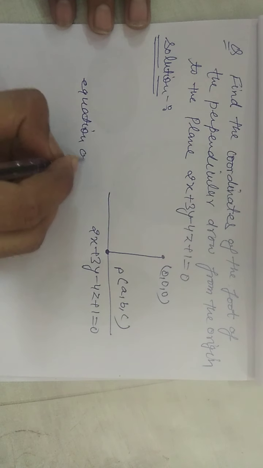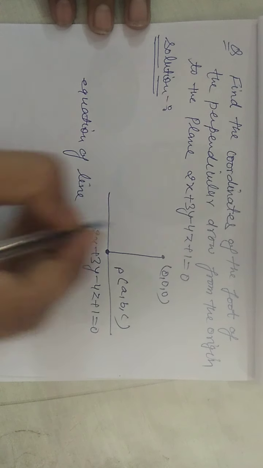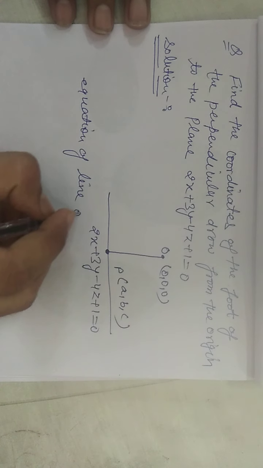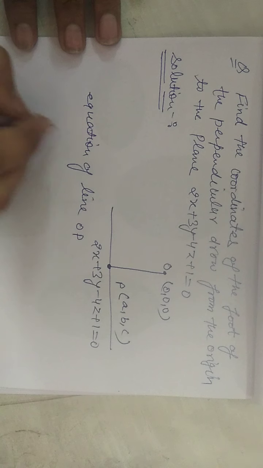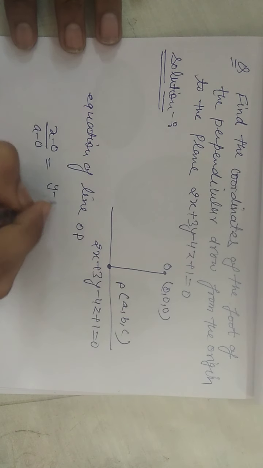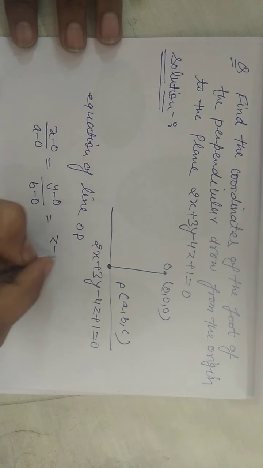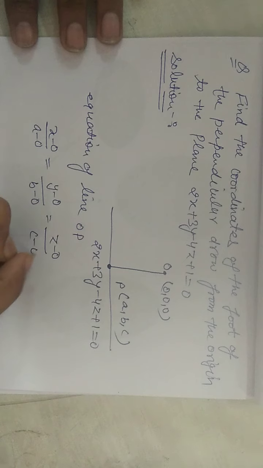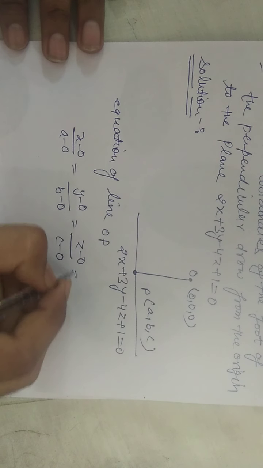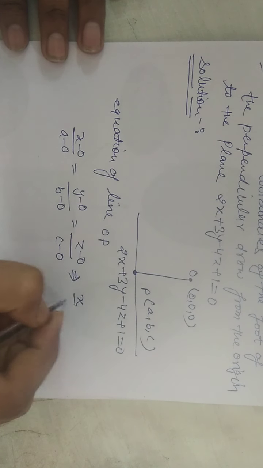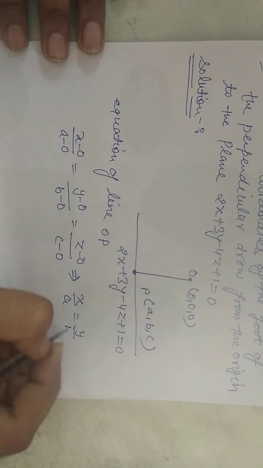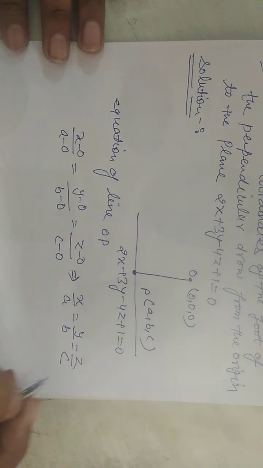Equation of line OP: (x minus 0)/(a minus 0), (y minus 0)/(b minus 0), (z minus 0)/(c minus 0). The equation of line is x/a, y/b, z/c.